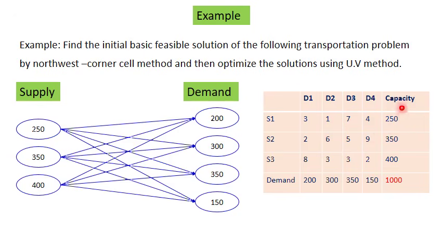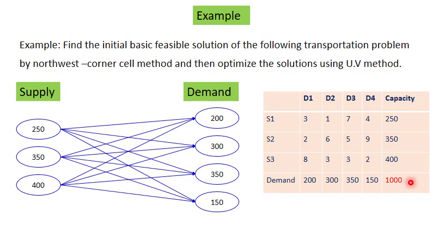And these are the capacities for the supplies. The capacity for supply S1 is 250, for S2 it is 350, and for S3 it is 400. And the demand for D1 is 200, for D2 is 300, for D3 is 350, and for D4 is 150.